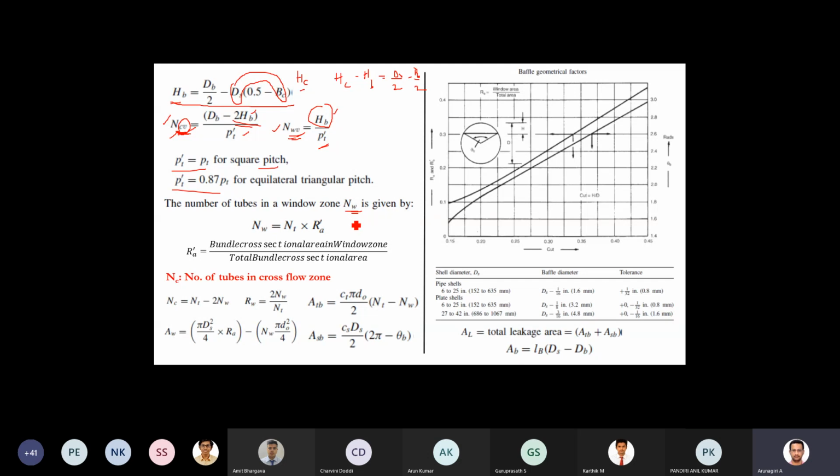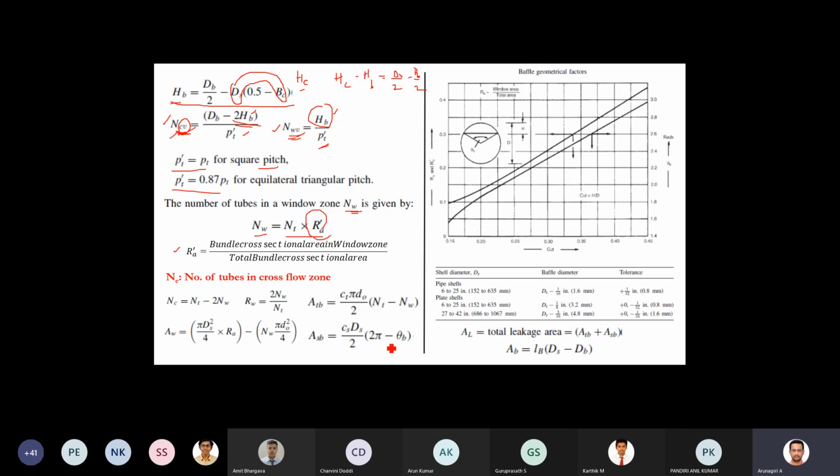The number of tube rows and the number of tubes are different. So the number of tubes in the window zone is NW equal to NT into RA dash. What is RA dash? RA dash is the ratio of the bundle cross sectional area in the window zone to the total bundle cross sectional area.